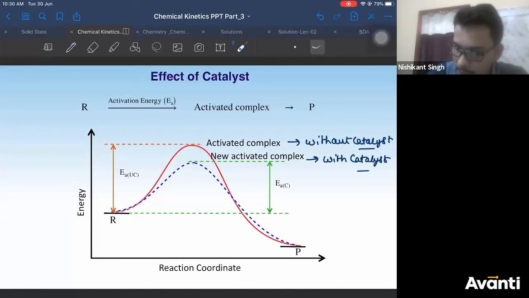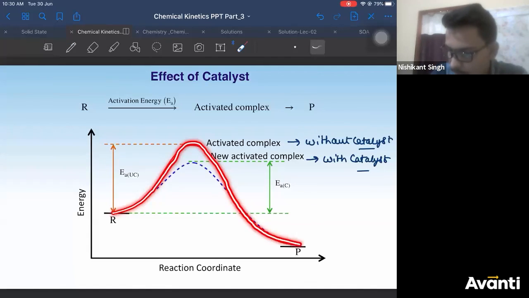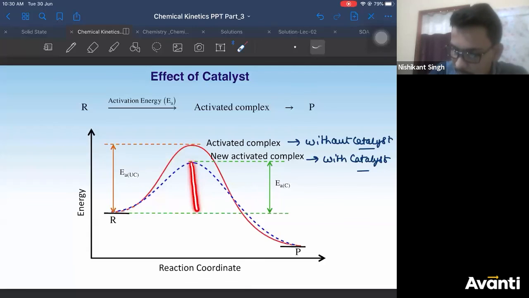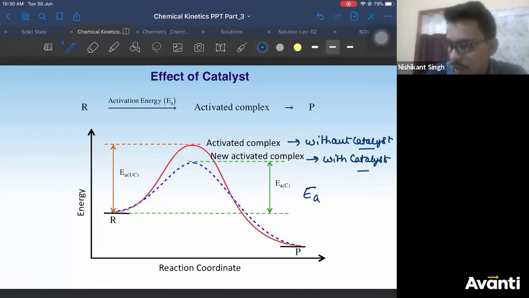With catalyst, the activation energy is this much, uncatalyzed, this much. So you can see the activation energy in the catalyzed reaction is less than the activation energy in the uncatalyzed reaction.